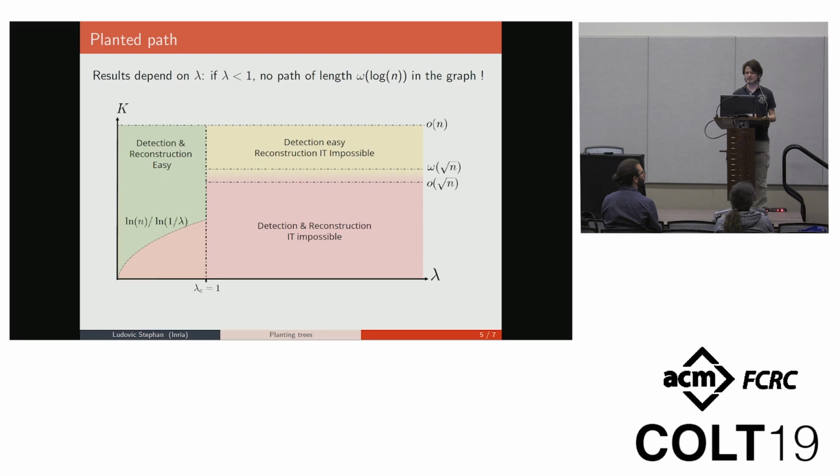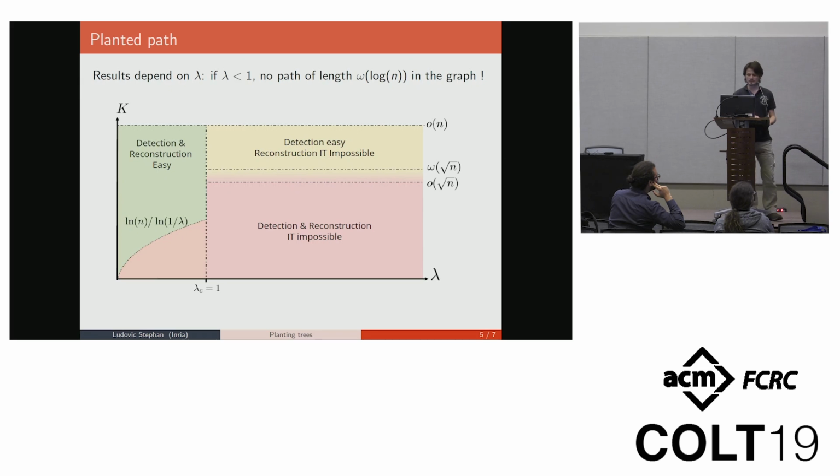The more interesting picture is in the supercritical random graph, when lambda is more than 1. A simple edge counting argument shows that detection is easy when k is largely above square root of n. An estimation can show that detection and reconstruction are both impossible when k is well below square root of n.